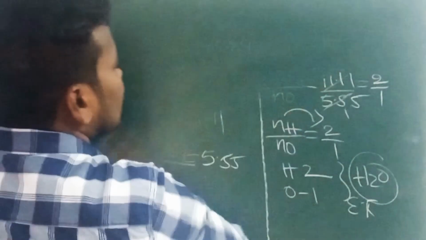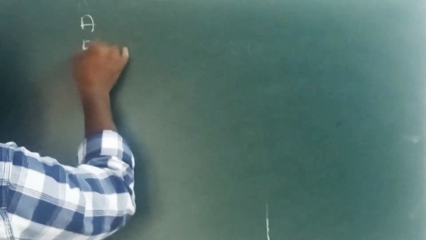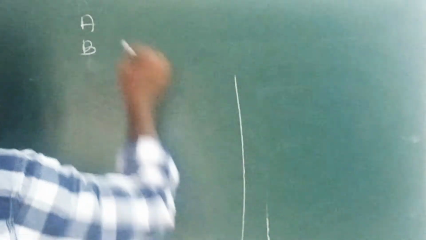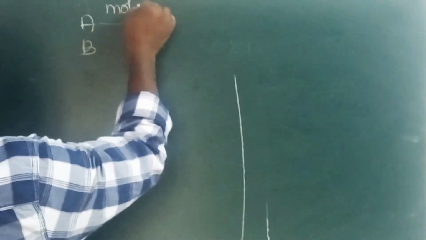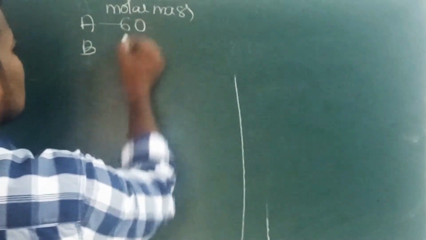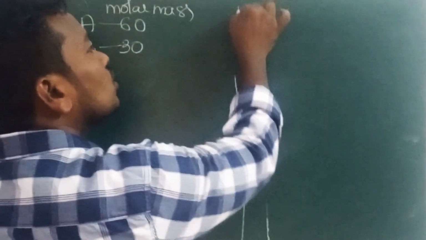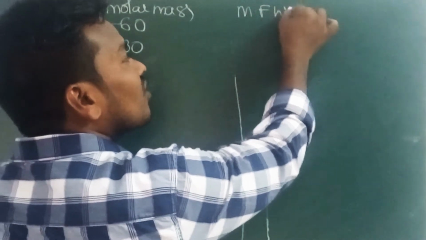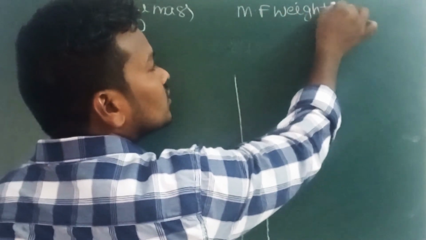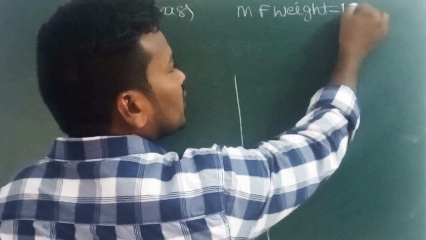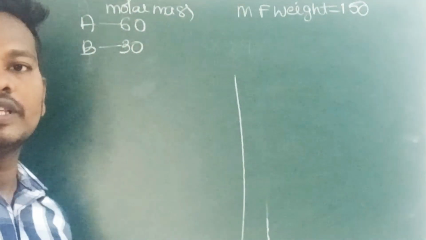Okay. Next you can see another example. They have given two compounds, A and B, with their molar masses. A has a molar mass of 60, B has a molar mass of 30. They have given the molecular formula weight, 150.